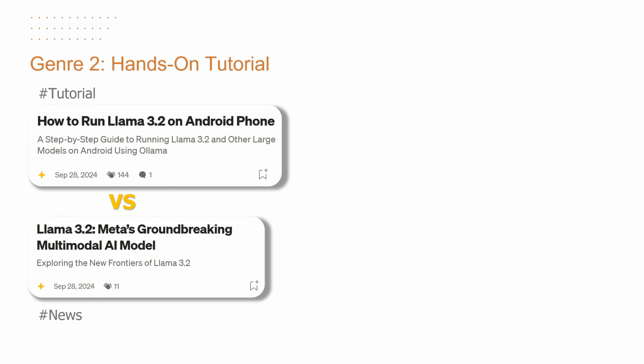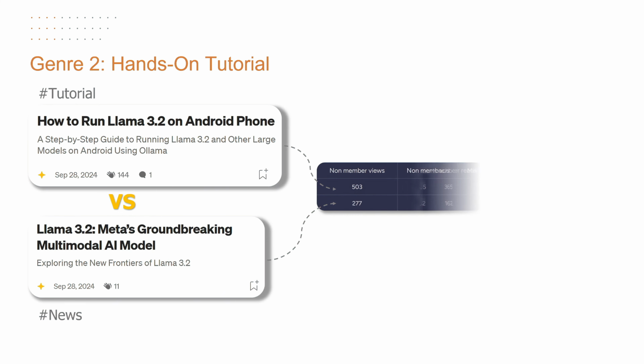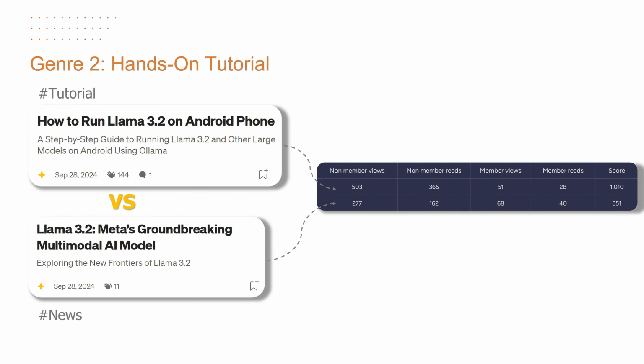I found out that Llama 3.2 has some big optimizations for mobile devices, and I got curious about running it on a phone. That curiosity led me to create a tutorial on running Llama 3.2 on Android. A week later, my article actually got more views. So finding a creative angle really does pay off.